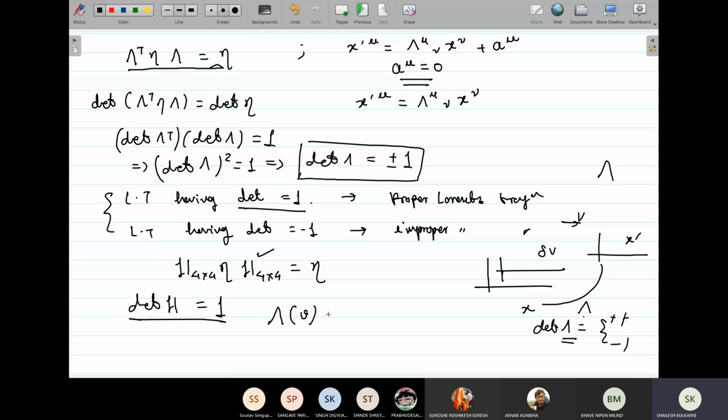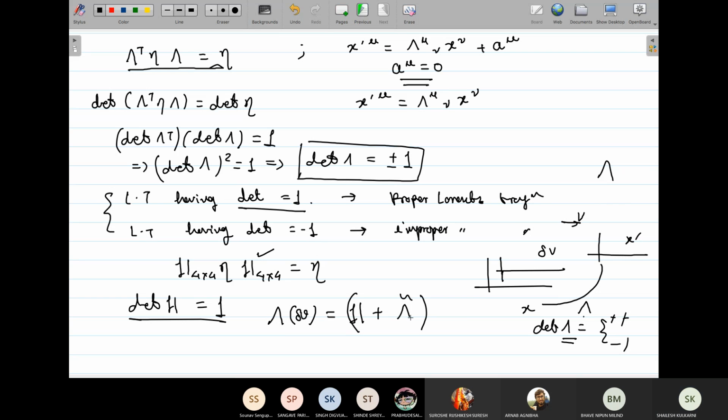Suppose I consider delta v and expand by Taylor series near identity, what am I going to get? Identity matrix plus some lambda tilde, some infinitesimal part near identity. It's a Taylor expansion. There will be other terms, but since delta v is small, I'm suppressing those terms.